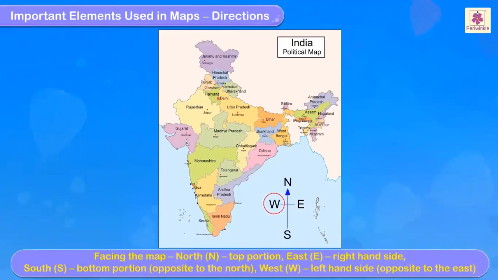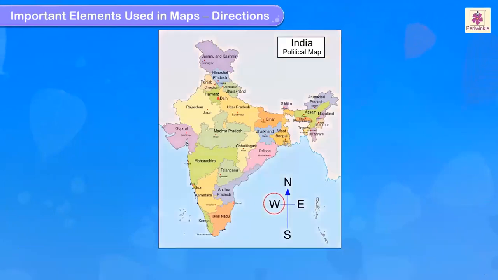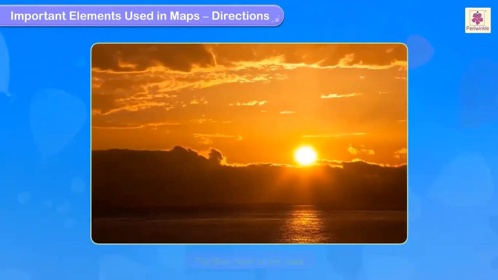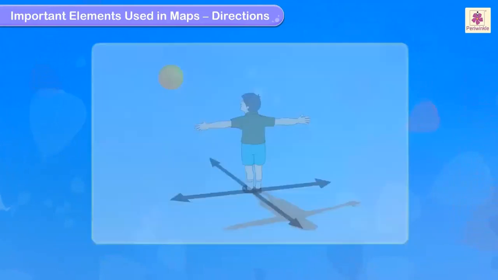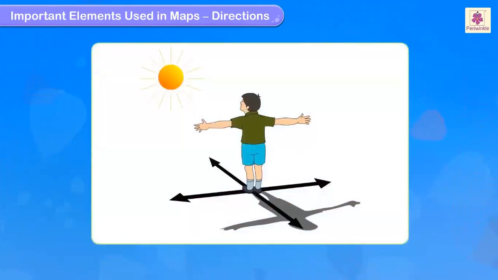Let us improve our sense of direction. Every morning, the sun rises in the same direction. This direction is the east. Stand in an open place early in the morning, facing the sun. You will be facing the east.